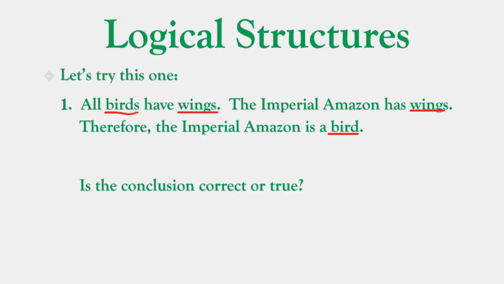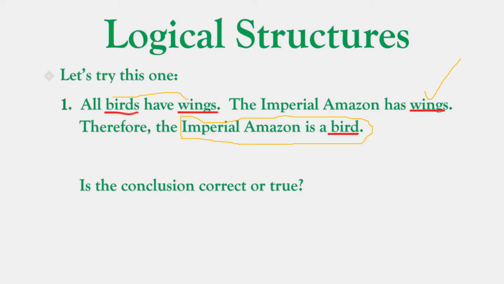So then we're doing backward reasoning. Therefore, the imperial Amazon is a bird because this condition that I'm circling now is based on all birds have wings. It has wings. And so for exam purposes, it's a bird. It has wings. All birds have wings. So you're reasoning backwards.